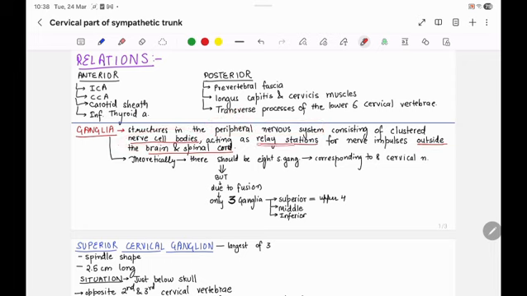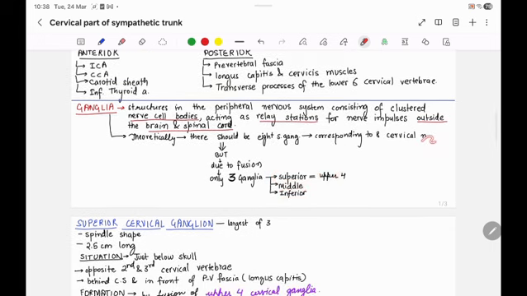They act as relay stations. So there should be 8, one for each cervical nerve, but there are only 3. Why? Due to the fusion. So superior, middle, and inferior. The upper 4 ganglia fuse to form the superior cervical ganglion, then the next 2, and then the next 2.